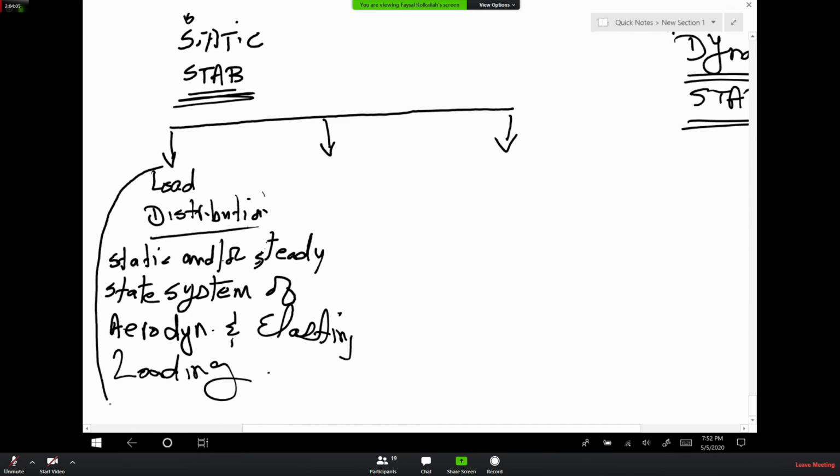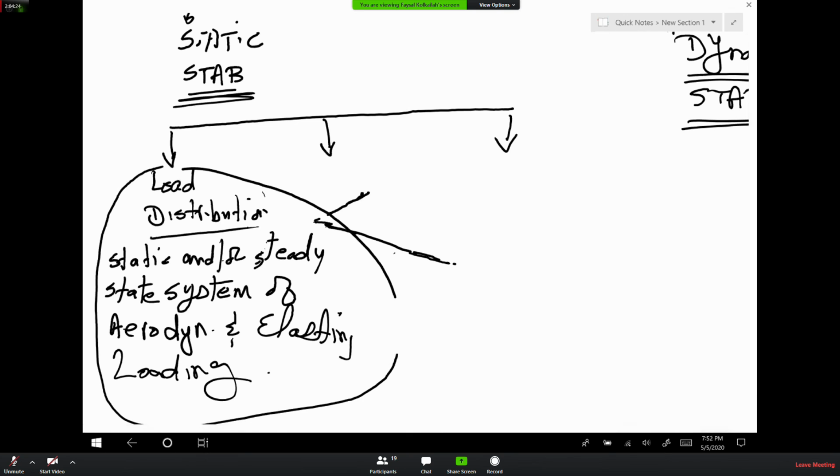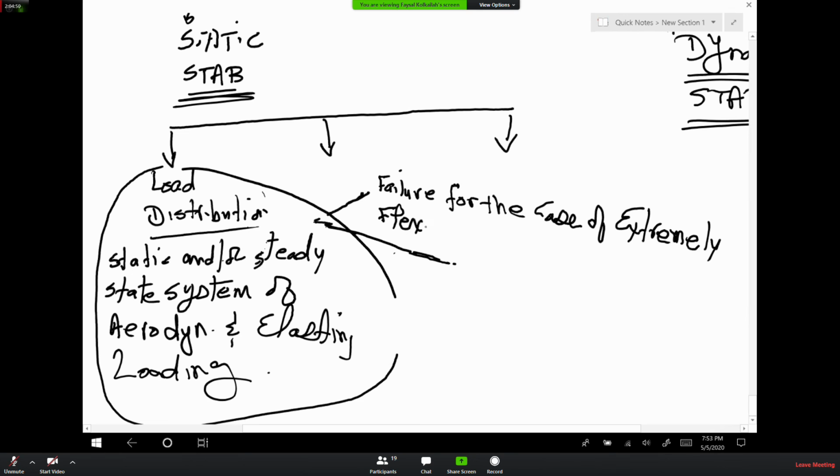This kind of situation can lead to one of two situations. One of them, so that leads to what? Failure, for the case of extremely flexible aircraft, spacecraft structure.